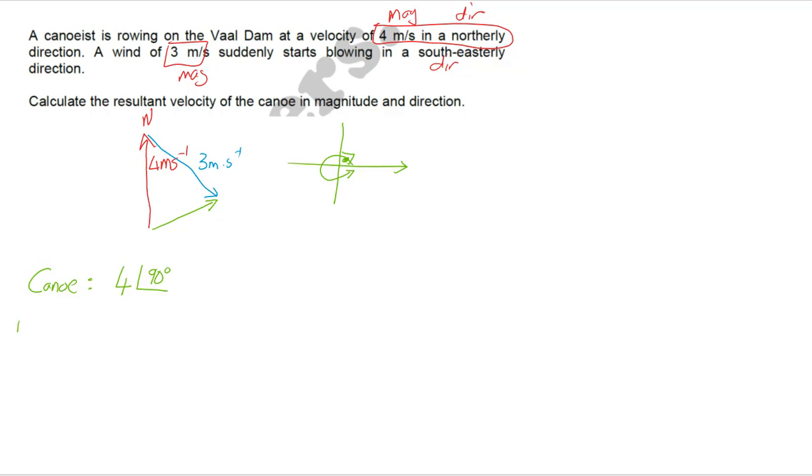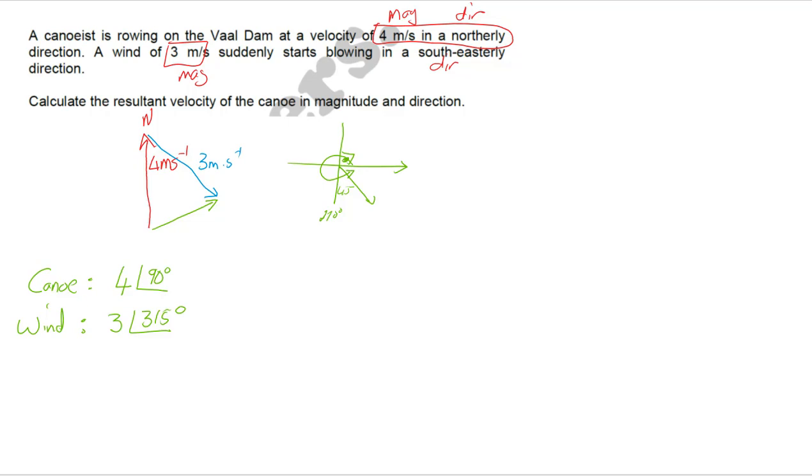The wind is blowing with a magnitude of 3 at an angle of, they say southeasterly. Southeasterly is here. So 180, this is 270, 45, if it's in a southeasterly direction, that gives me a total, 270 plus 45 is 315 degrees.